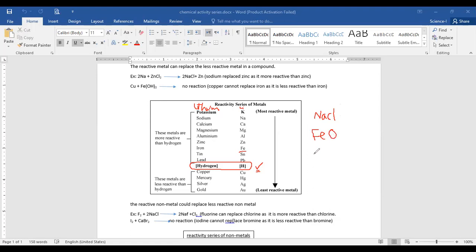Another example, MgBr2. So all these are chemical compounds: sodium chloride, iron oxide, magnesium bromide.